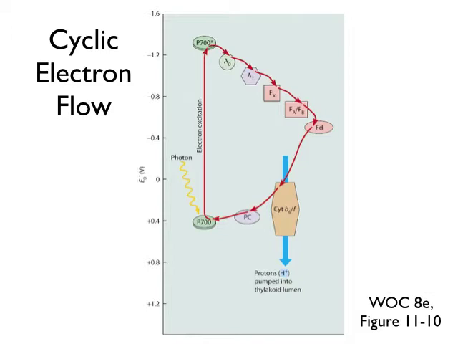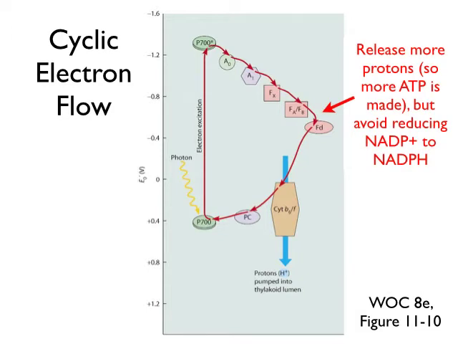So we go all the way through to ferredoxin, and the result is that we release more protons instead of making reducing power by not going on to make NADPH. So plants can fine-tune ATP generation versus NADPH generation. That's an interesting feature of photosynthesis.